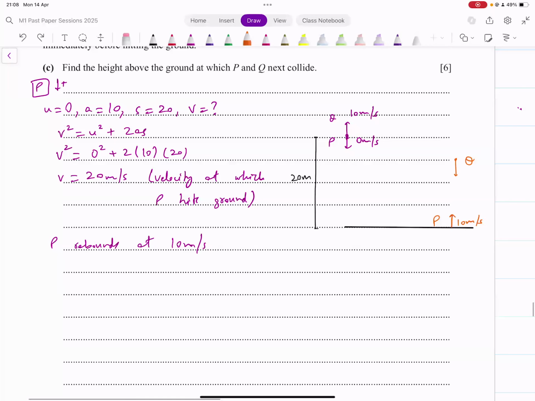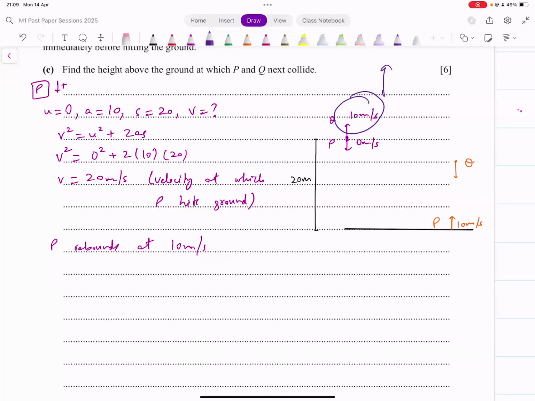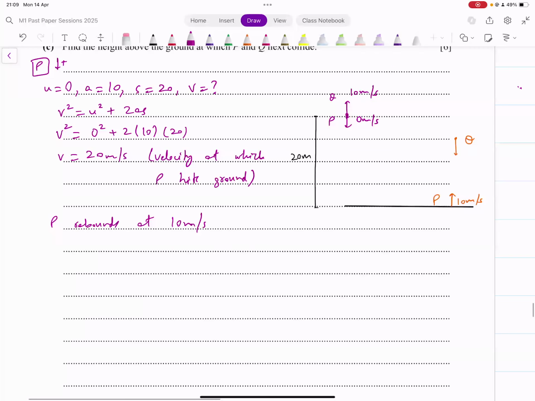Q has an upward velocity of 10 meters per second, not zero. That was for P. P was going downwards at zero. Now let's see what has happened to Q in the meantime. For that, we will need the time taken for P to hit the ground. How much time did P take to hit the ground? Let's find that first of all.